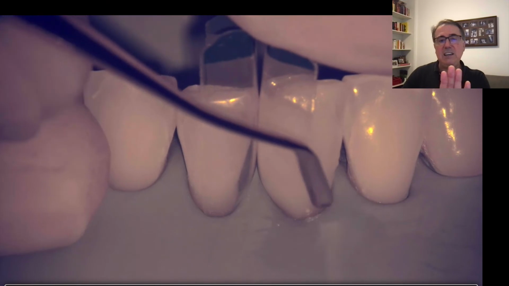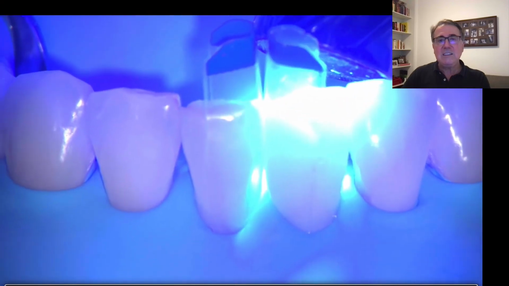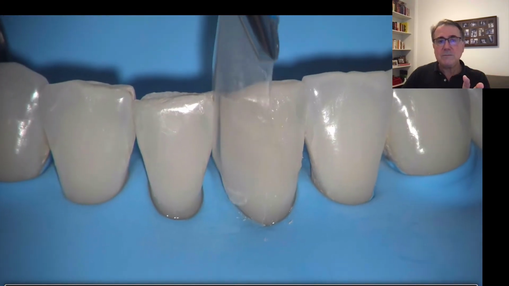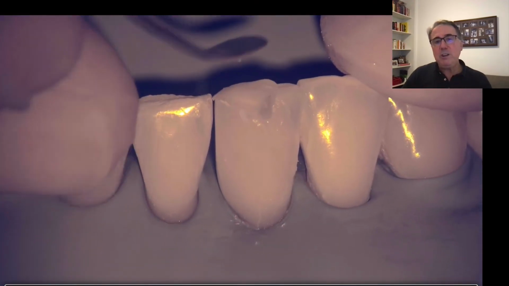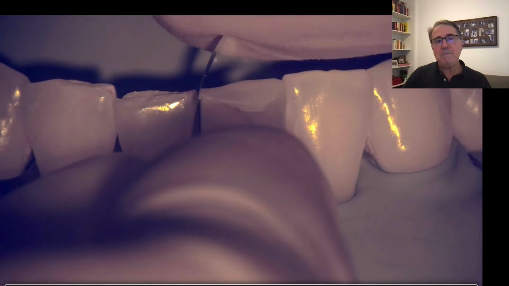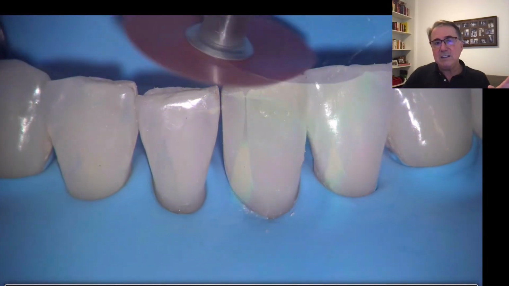You see, I'm setting up the space properly, removing the excesses, polymerizing it, and then I'm going to remove the matrices, and add a little bit of composite on the incisal edge. Okay, so this is one tooth done.